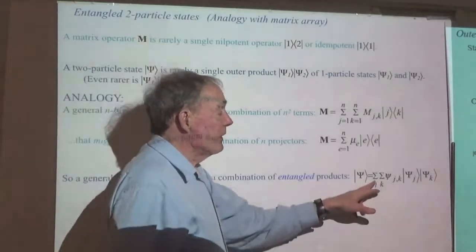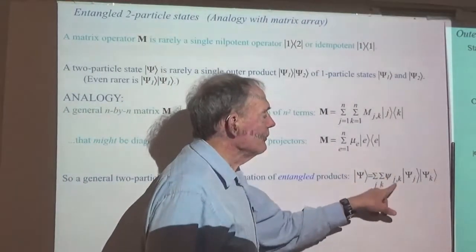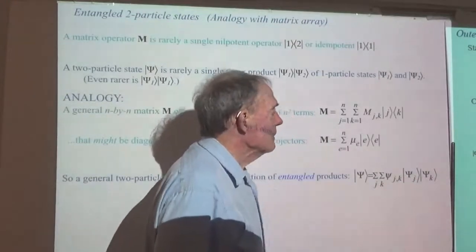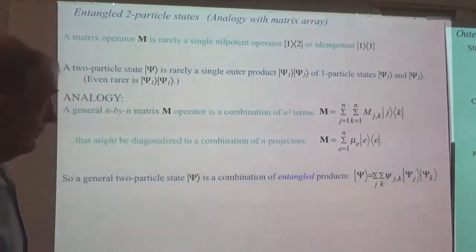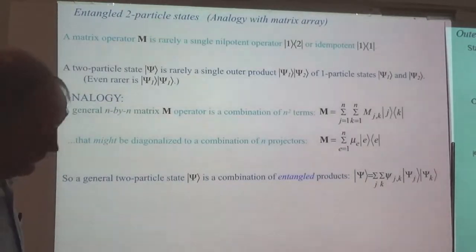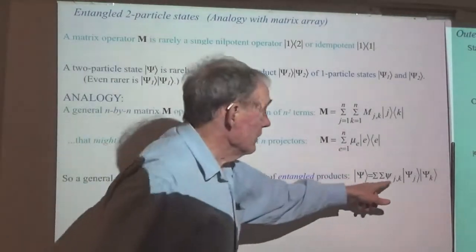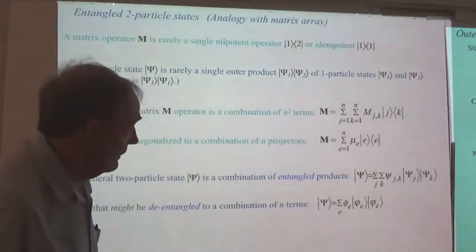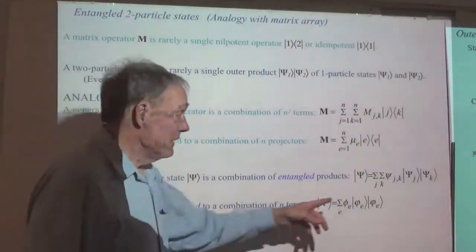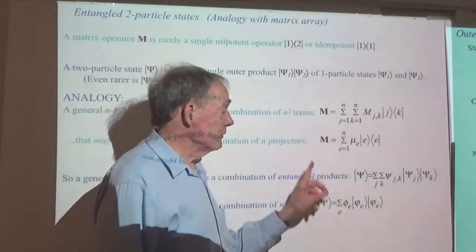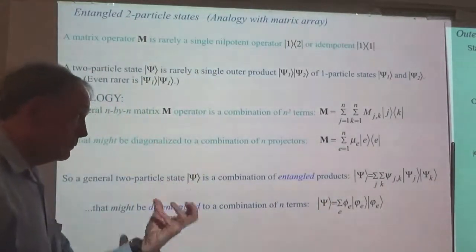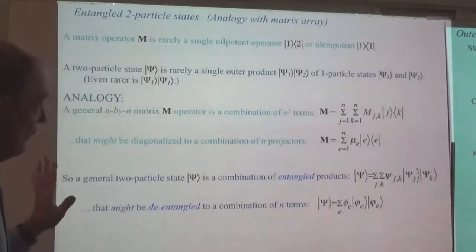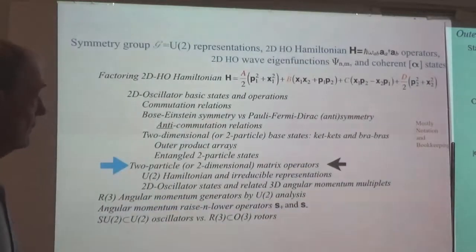These are entangled products. This is very entangled. We've got coefficients for all possible combinations, presumably, to make that state. So that's an entangled state, very entangled if all those coefficients are non-zero. Do we gain anything by looking for the equivalent of eigenvector projectors for a two-product state? Just a thought, okay, just something to think about.